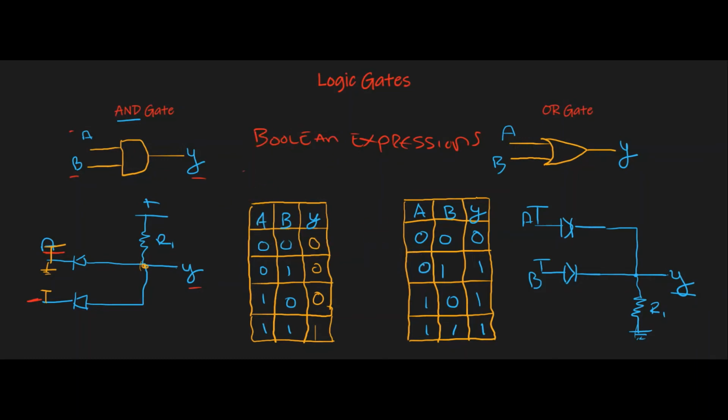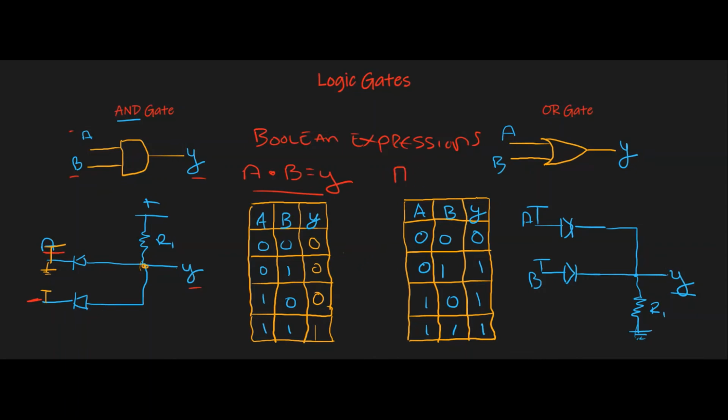So if we look at this closely, we have an A, we have a B, and we do something to those and we end up with a Y. Well, if you look close, a 0, 0 gives us a 0, a 0, 1 gives us a 0, a 1, 0 gives us a 0, and a 1, 1 gives us a 1. So really we can say A times B is equal to Y. And it's the same for all 4 of our states. 1 times 1 is 1, and so forth up the truth table.